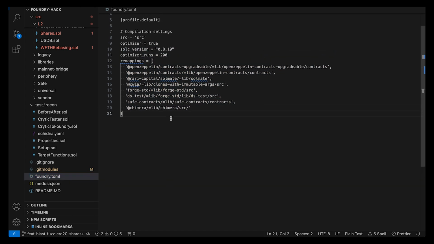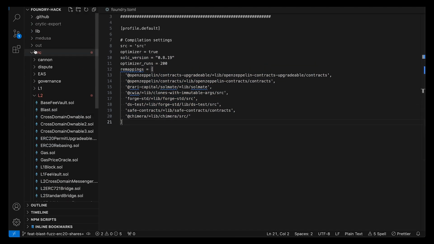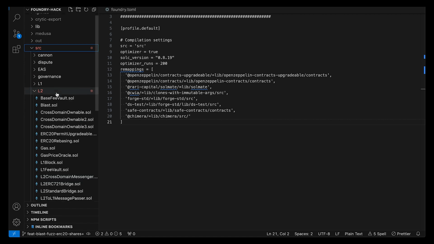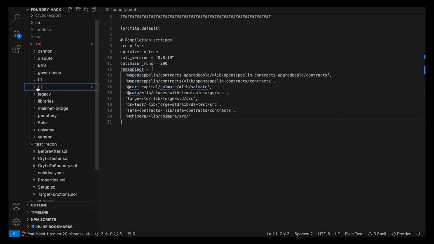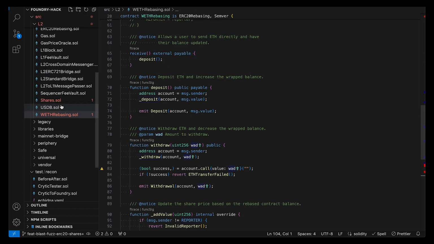And I don't believe I cut out much. I simply made it so that the Optimism repo or the Blast repo started at src instead of being a nested repo. That's just a convenience, and also because that way it works with Recon more conveniently. So that was the logic behind that.